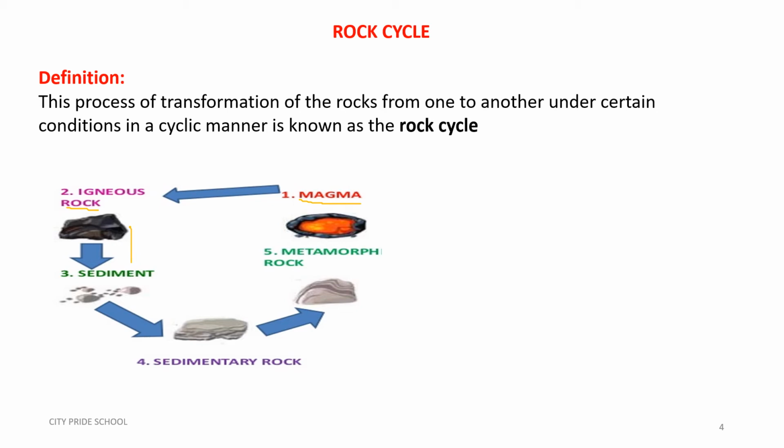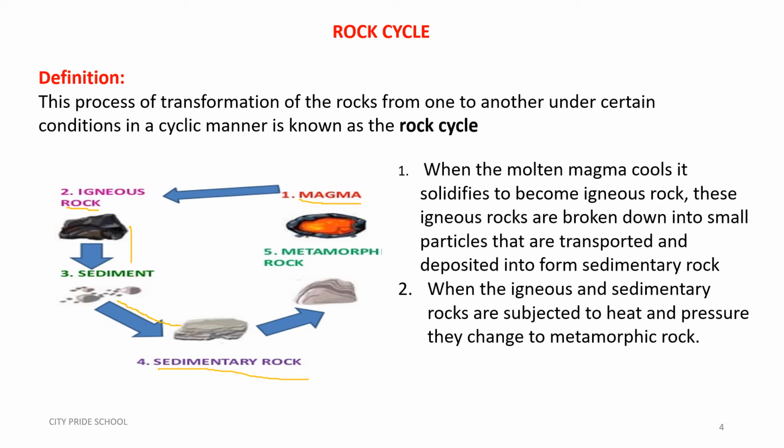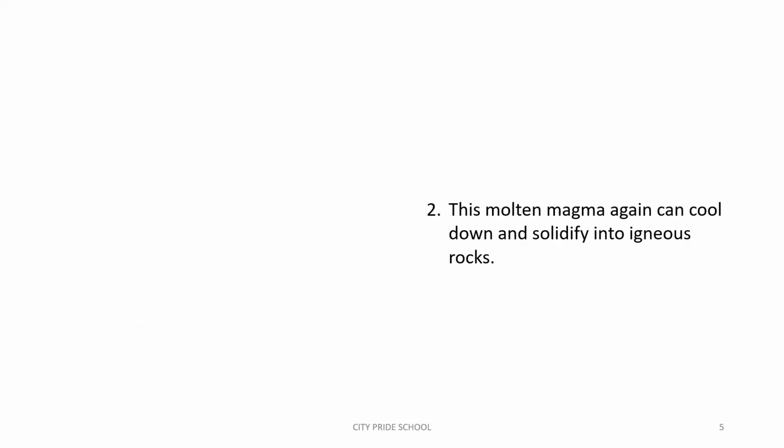When it breaks into sediments, and gets carried away somewhere and settles, it turns into sedimentary rock. And this sedimentary rock is again subjected to heat and pressure and changes into metamorphic rock. Got it?